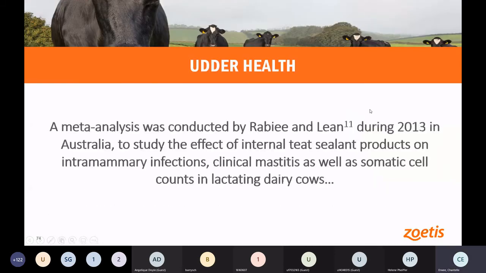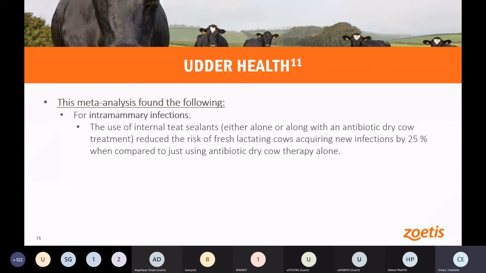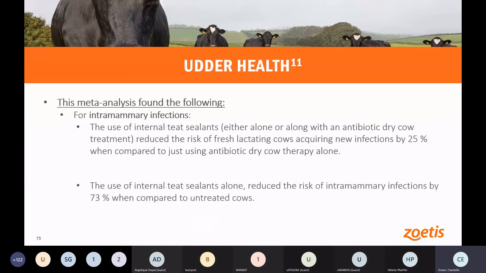Okay, so let's look at some studies and what they found. This was a meta-analysis, which is one of your best types of studies. What they found for herds that used an internal teat sealant, for intramammary infections, was that the use of an internal teat sealant either by itself or along with an antibiotic dry cow therapy, so in other words, a combination treatment, reduced the risk of fresh lactating cows acquiring new infections by 25% compared to just using an antibiotic.